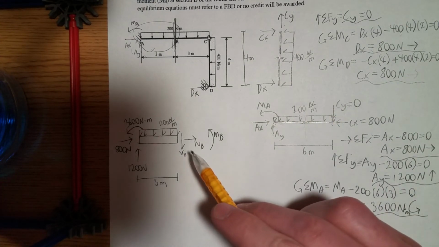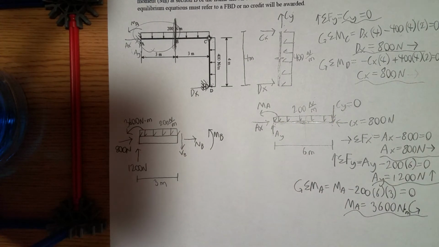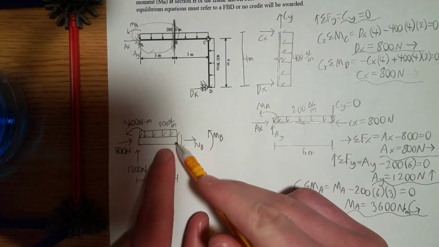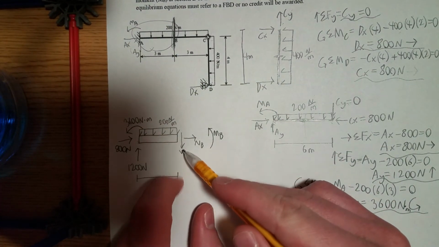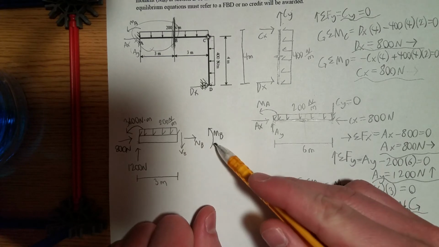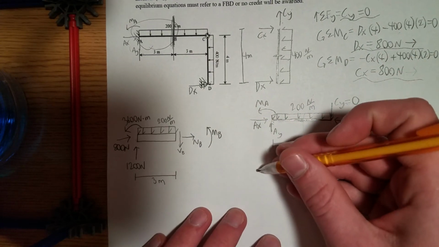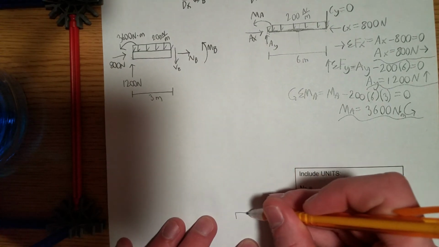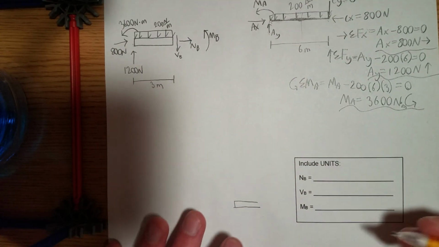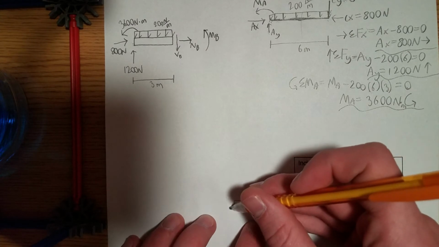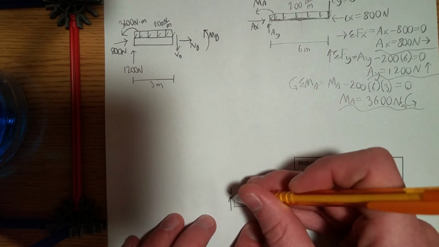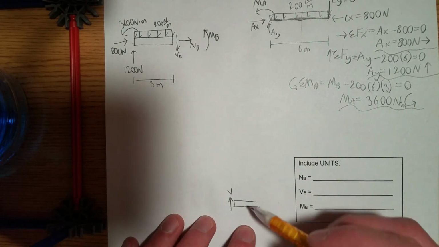Always remember the conventions here. On this cut here, on the left side of the cut, this is how we draw it. V is always going to be going down, N is always going out, and then MB is always going to curve up and around. If we were on the right end, I'm going to draw a little sketch down below. Do not put this in your exam and your work. But just know V would be going upward on the right end of the cut.